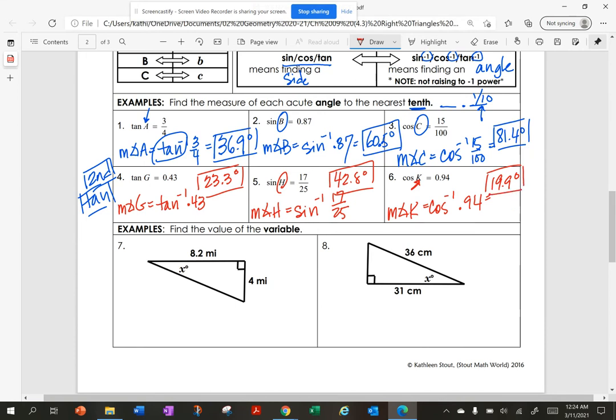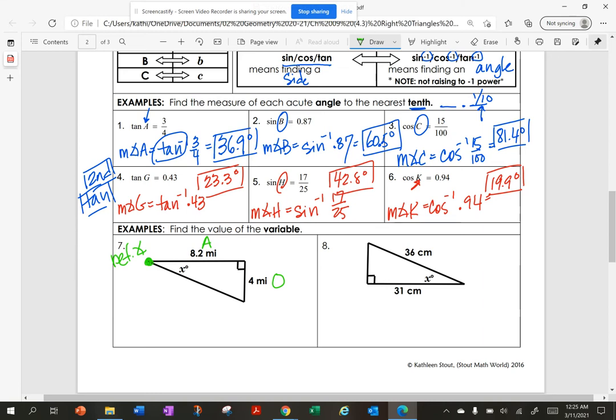Okay, so let's find an angle with a triangle. I'm going to call the reference angle the angle that I'm trying to find here. So with this being my reference angle, I'm going to label my two sides. So this is going to be the opposite side and the adjacent side.